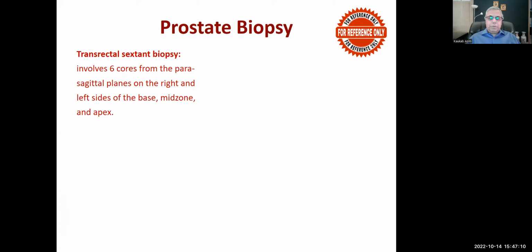Now, I'll show you a schematic view of the prostate gland, and how the biopsies are obtained. This is what we already mentioned. Transrectal sextant biopsy involves 6 cores from the parasagittal planes on the right and left sides of the base, midzone, and the apex. That is what most of the pathologists do.